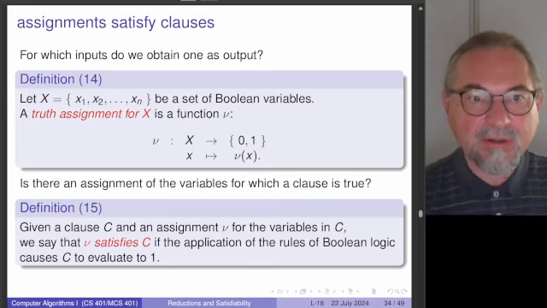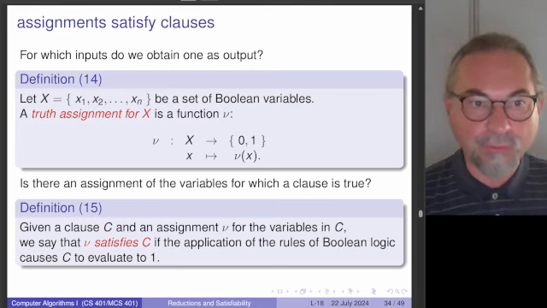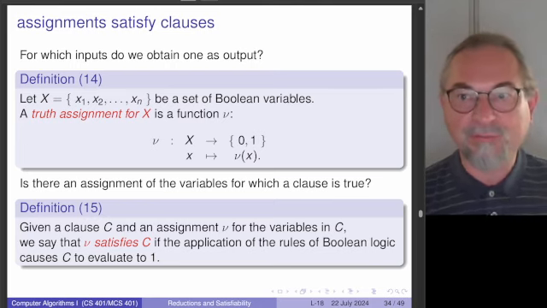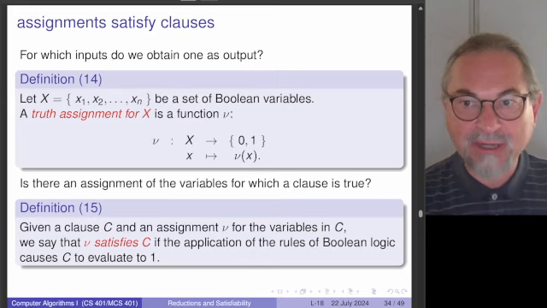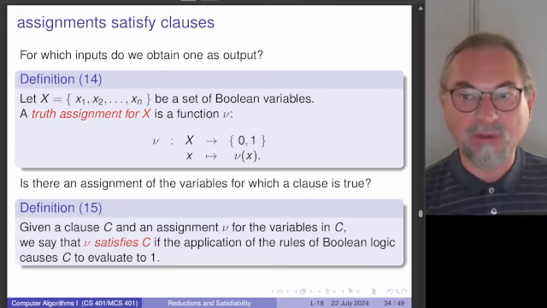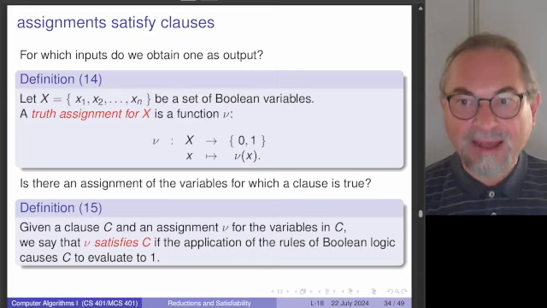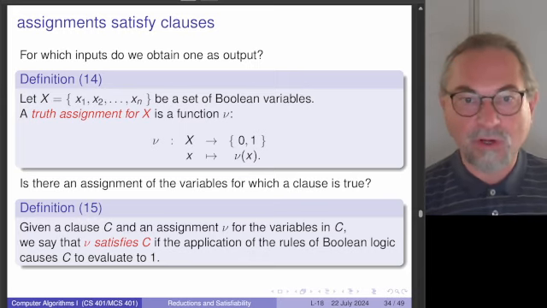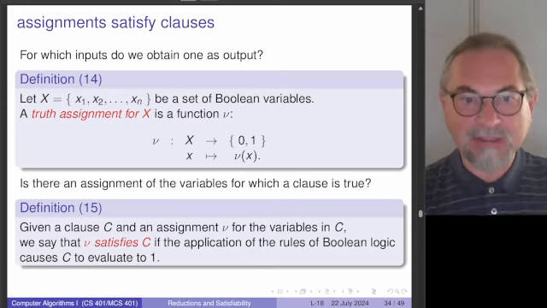With clauses we can ask if they can ever be true: for which inputs do we obtain 1 as output? You can see these clauses as expressions similar to arithmetic expressions, where we compute with these zeros and ones, modulo 2. If we assign values 0 or 1 to the variables and evaluate the expression, do we obtain 1?